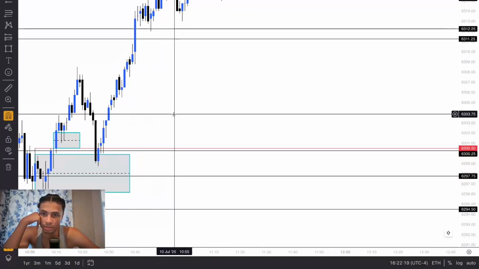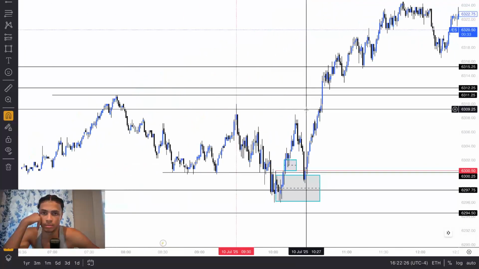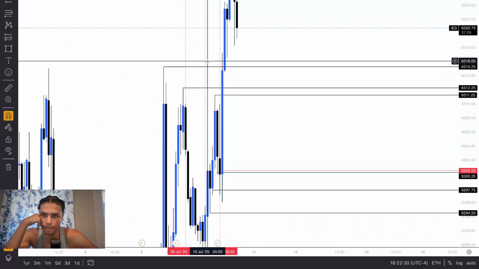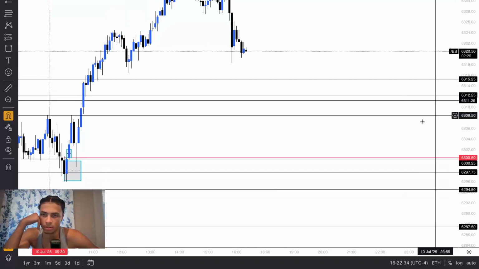Where I entered, because I was a little behind, I think I entered, let me scale to the 1 hour actually. People honking, man.